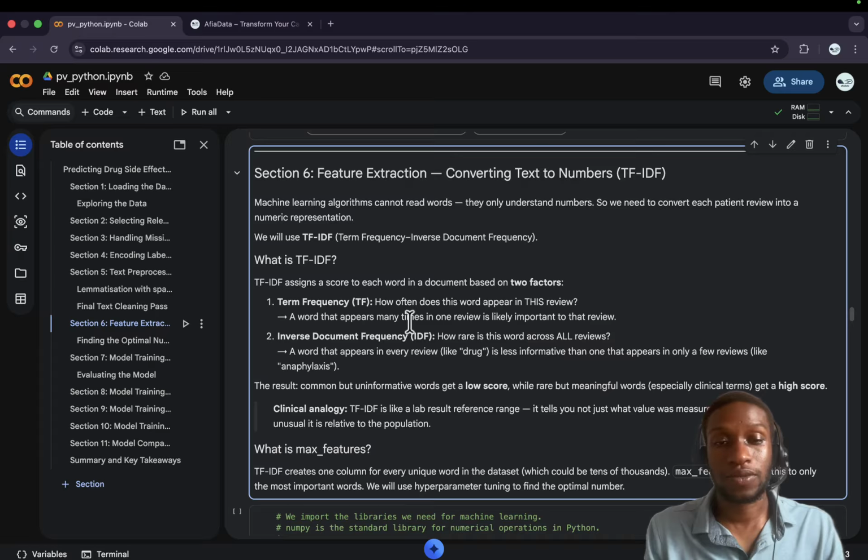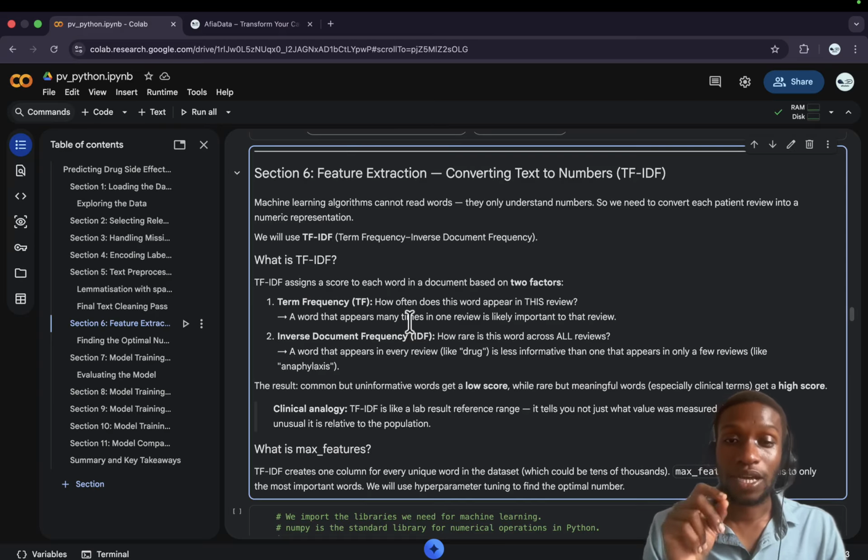As simple as that. So what is TF-IDF? TF-IDF normally assigns a score to each word in a document based on two things. The term frequency, that is how often this word appears in that review. So a word that appears many times in one review is likely important to that particular review.